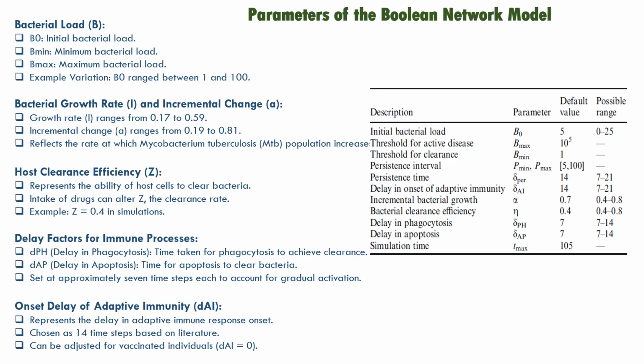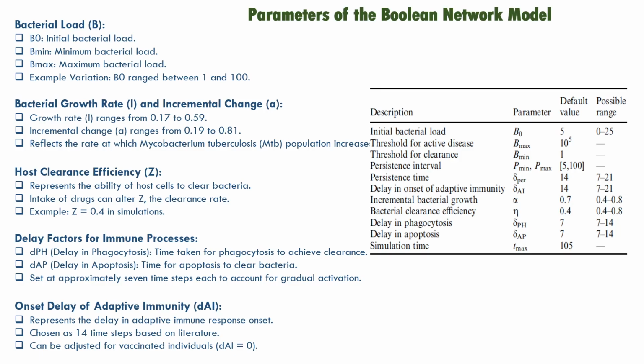There is also a delay of adaptive immunity which they have modeled, because if you remember from your earlier studies, adaptive immunity takes time to kick on. It may kick on after a day or two. So there is always a delay between the infection and the adaptive immunity kicking on, and that delay is also being modeled.